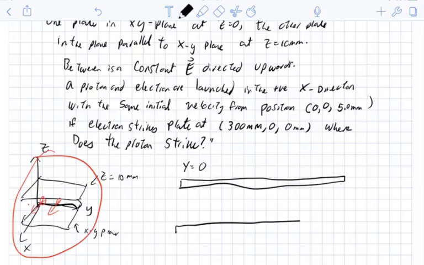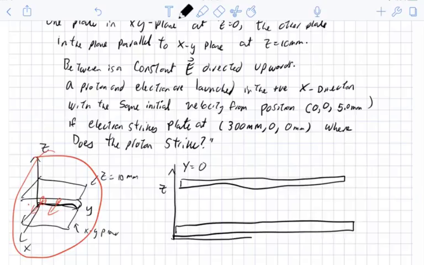The x-axis is like this, the z-axis is like this. And there are positive charges down here, and negative charges up here, because there is an electric field pointing up.